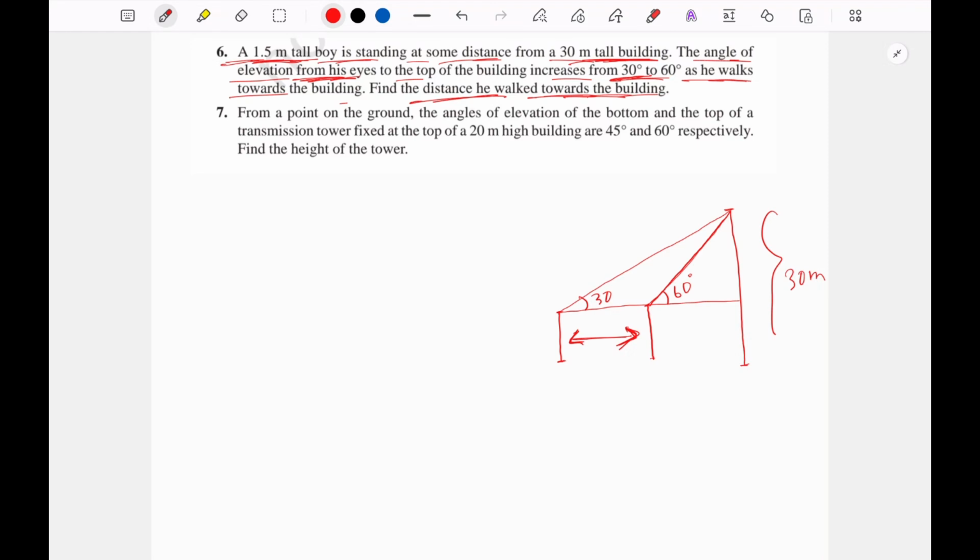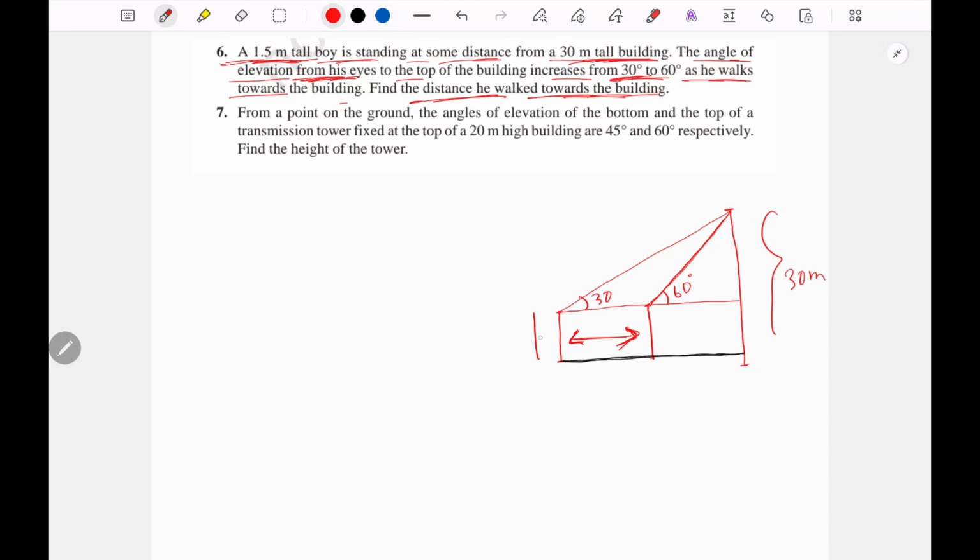So how will we find this distance? See, if you look clearly here, we can see that there are two right angle triangles. This is one right angle triangle, and this one is also a right angle triangle. From these two right angle triangles, we know this distance and also this distance, 1.5.